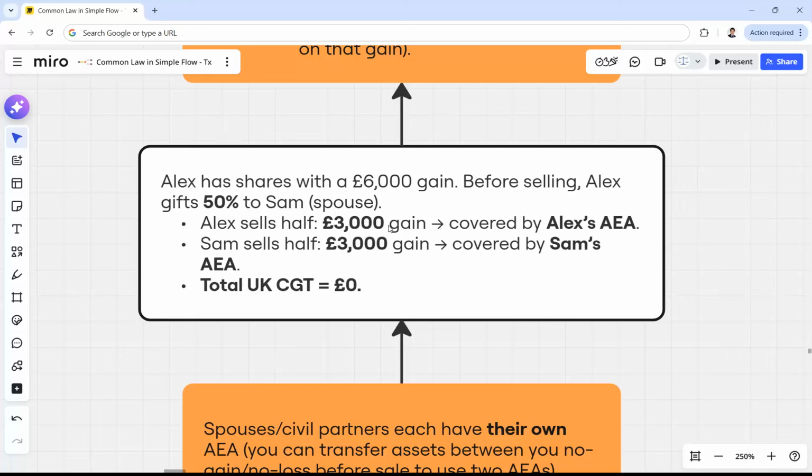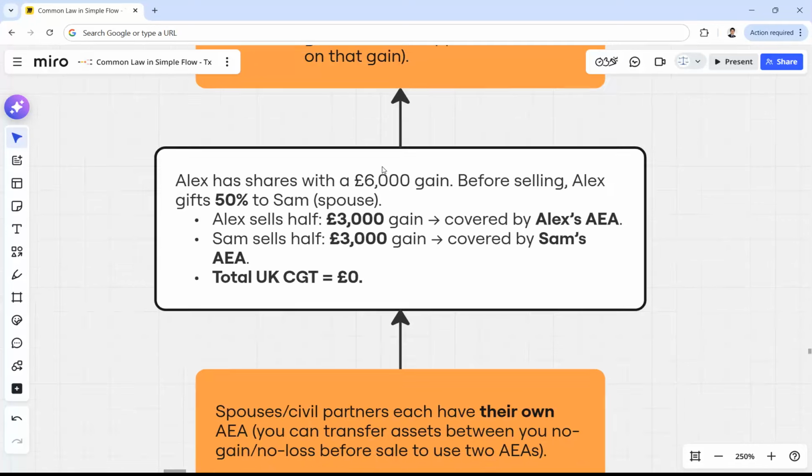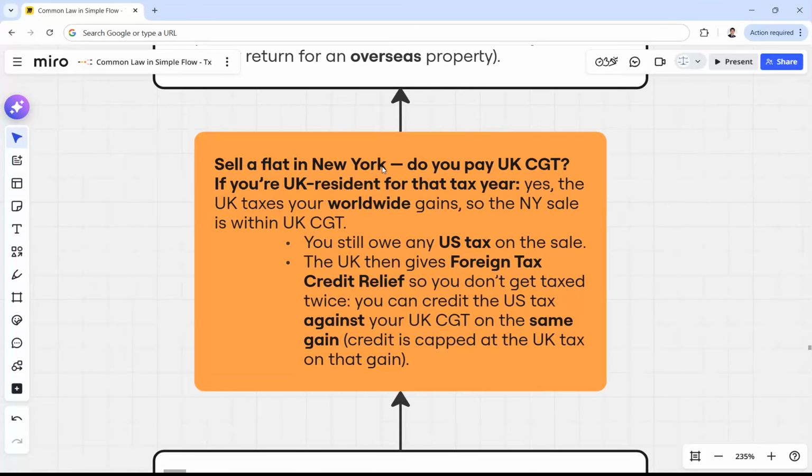Alex sells half for a 3,000 gain covered by Alex's AEA, and Sam sells half, a £3,000 gain covered by Sam's AEA. So they are basically splitting the capital in 2 pieces in order to use the AEAs for them both. And total UK CGT will be £0.